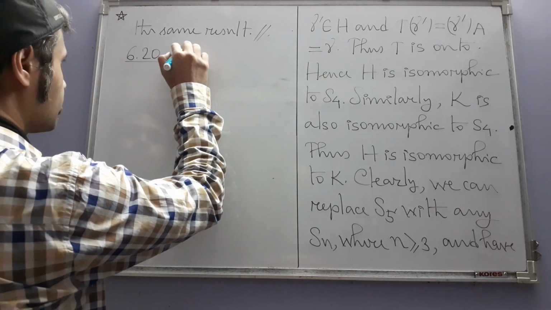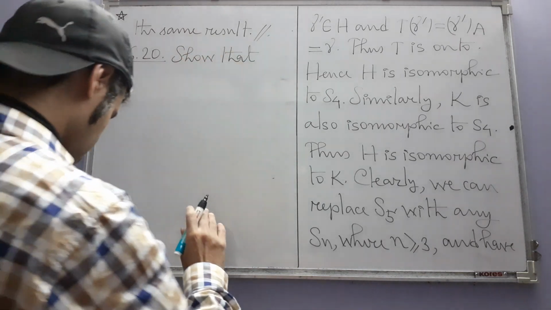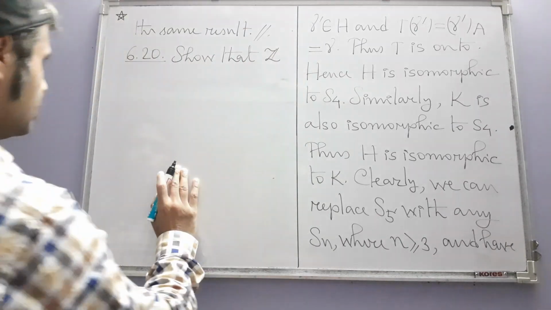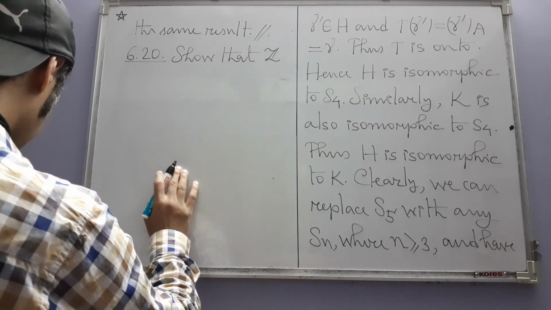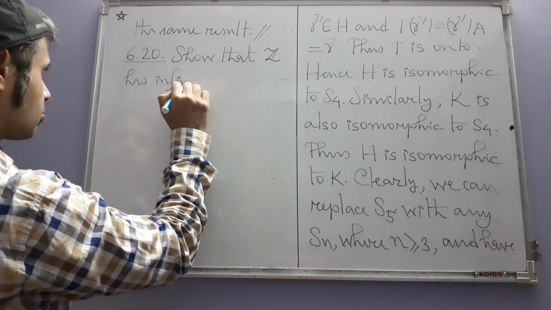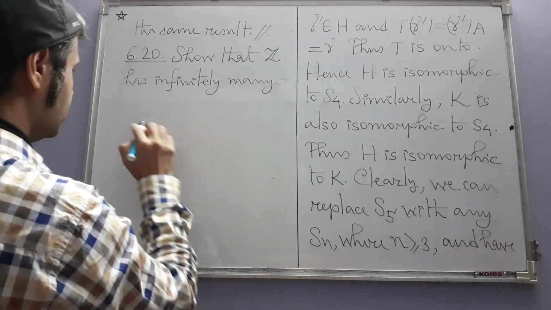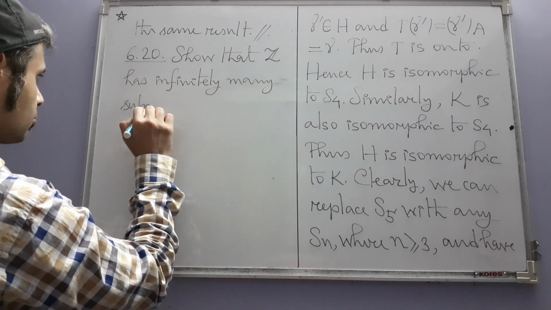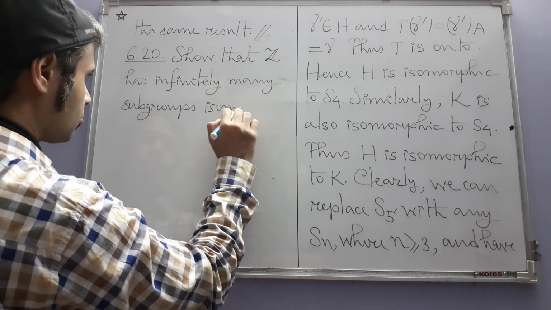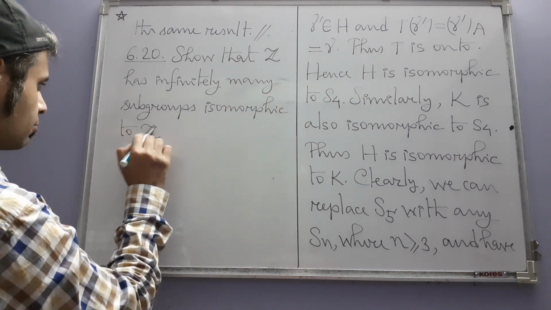Show that Z, the group of integers under addition, has infinitely many subgroups isomorphic to the group itself.